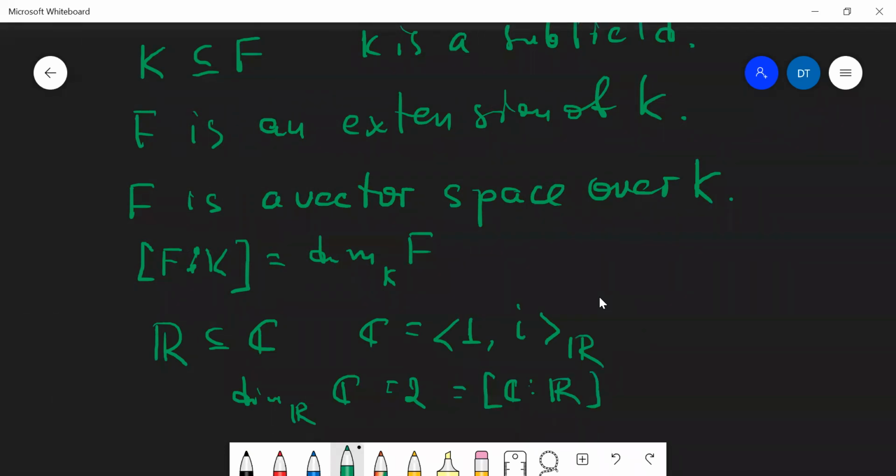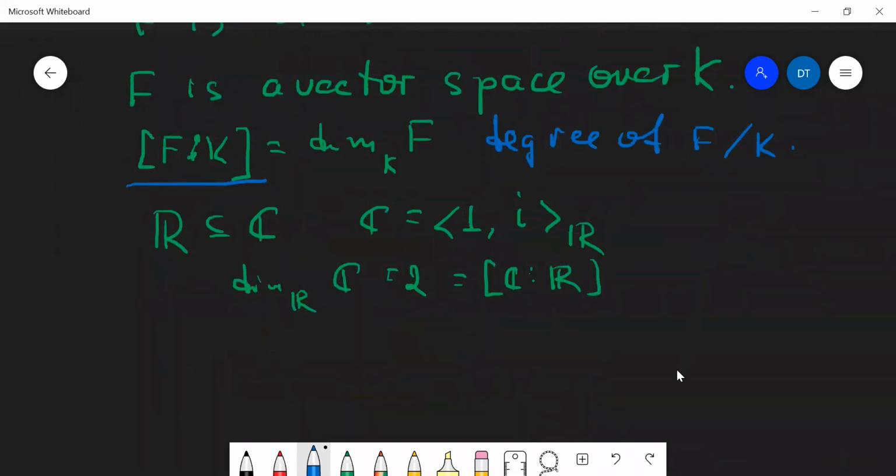And we usually call this the degree of F over K. Well, that's not important, this is just terminology, but just in case for you to know what it means when people talk about the degree of a field over another field. It's just the dimension of a larger field considered as a vector space over a smaller field.